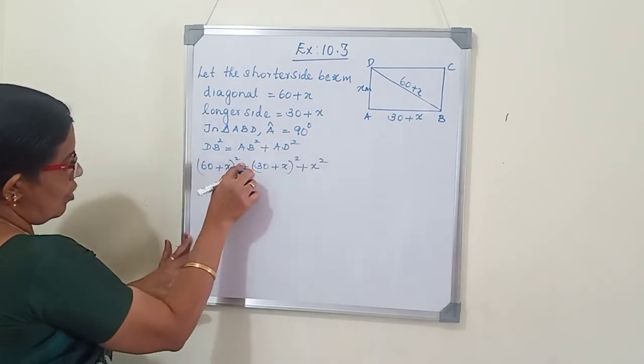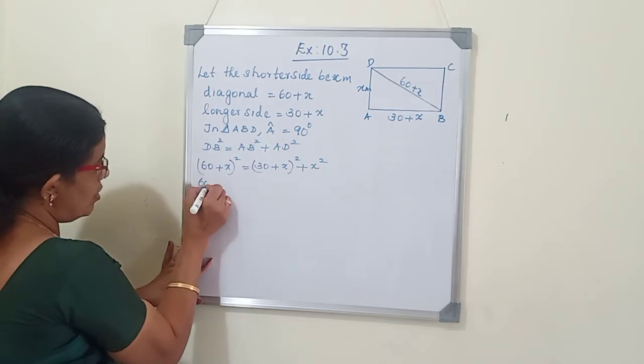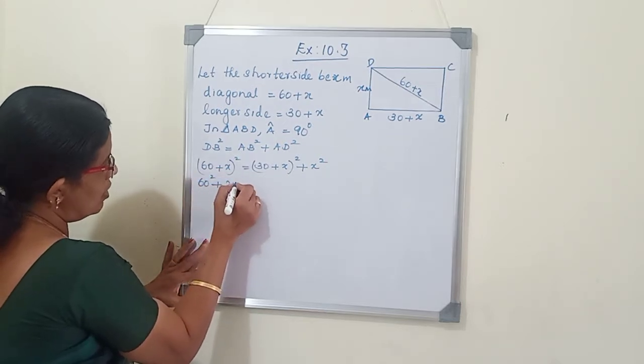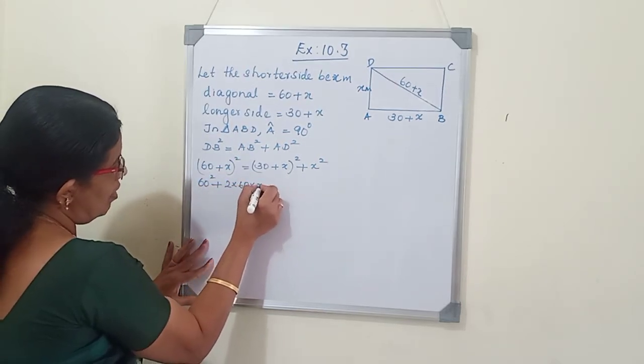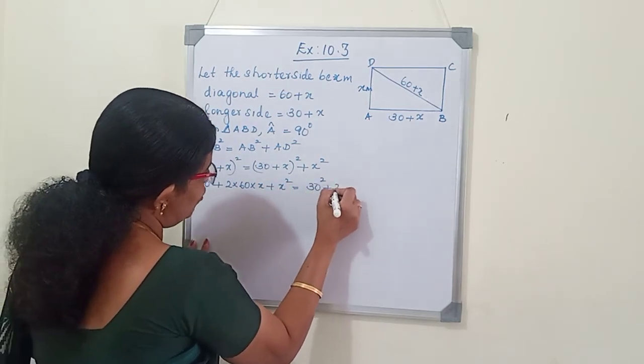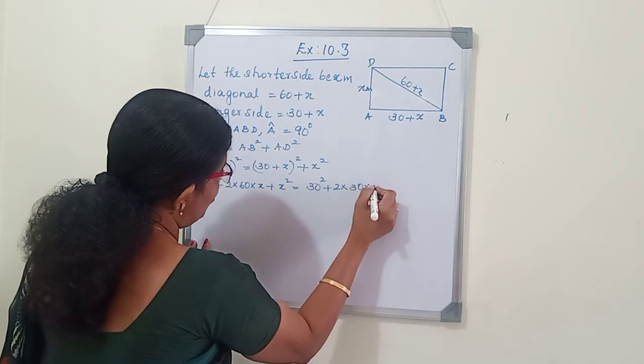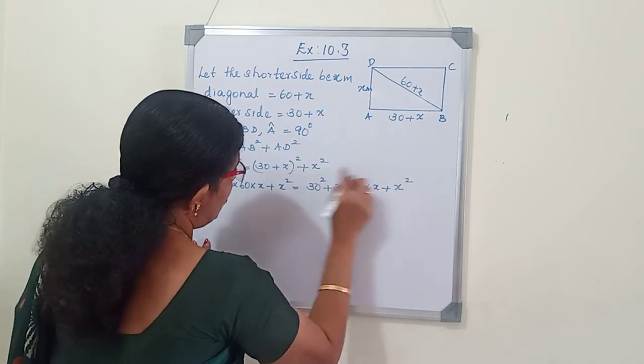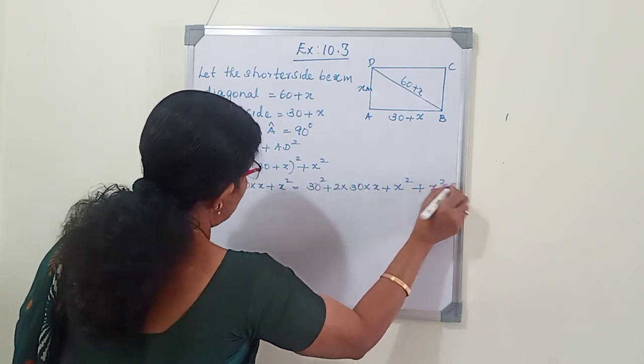A plus b the whole square formula we will apply. 60 square plus 2 into 60 into x plus x square is equal to 30 square plus 2 into 30 into x, that is 2ab, plus b square, again plus x square as it is we will write.